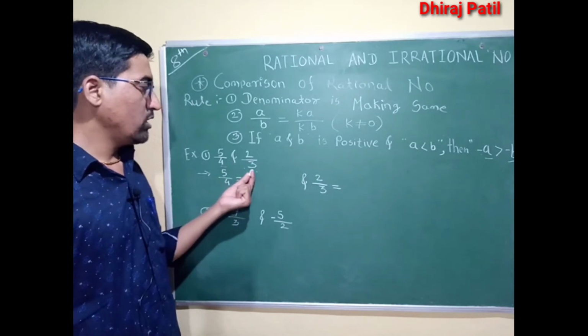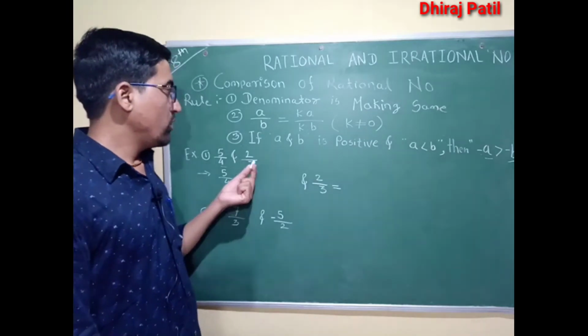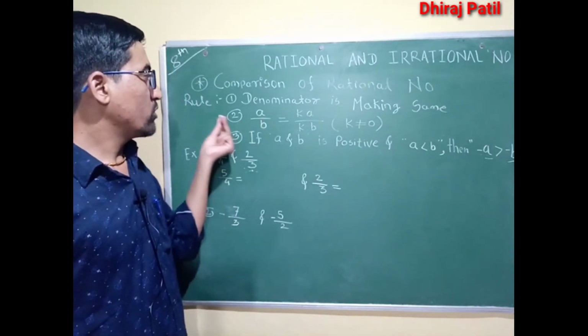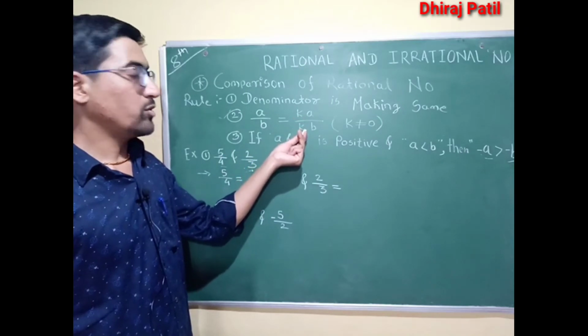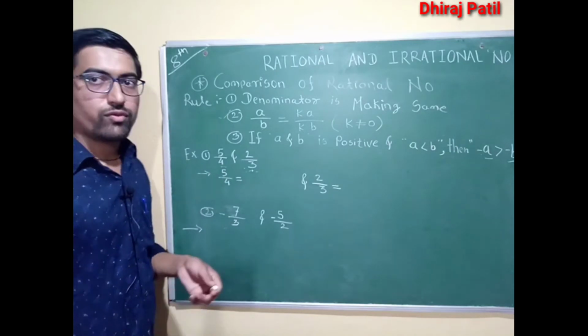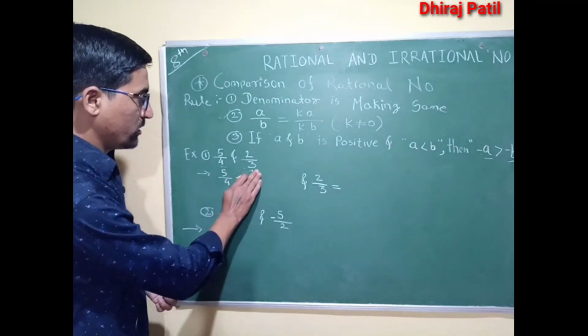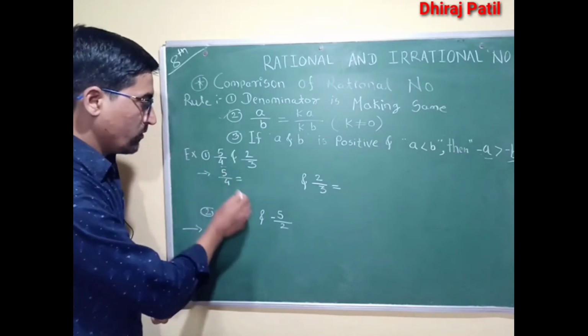These are not the same. So to make them the same, using rule 2, we have to multiply by some numbers so that our denominators are the same. So friends, we have to do some multiplications.